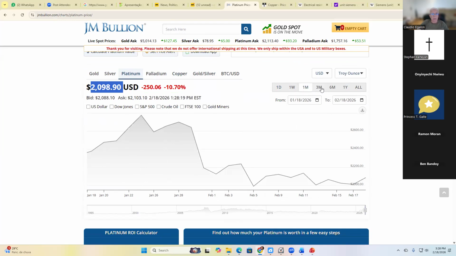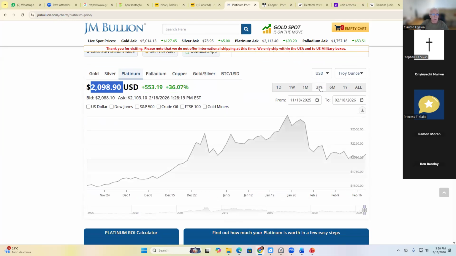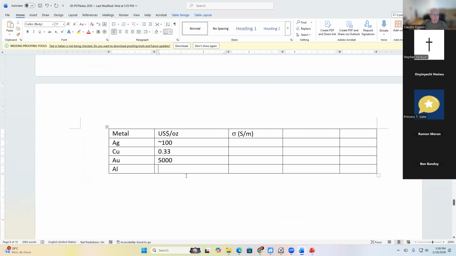It depends on the timeline. Platinum was supposed to have a higher price than gold. 2098. That's per troy ounce. Platinum, Pt, right? 2098.